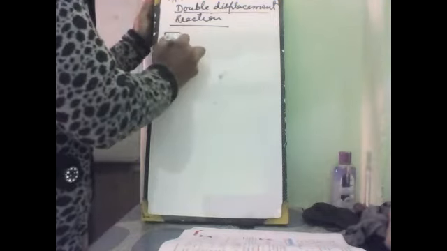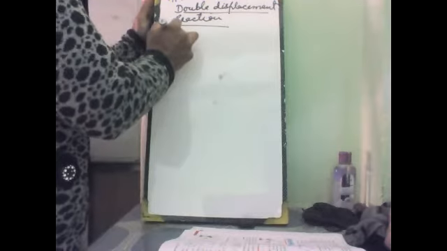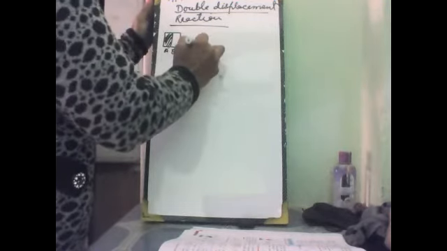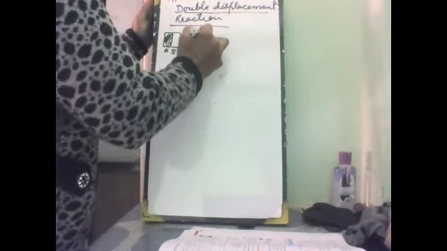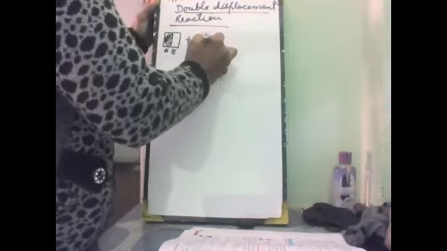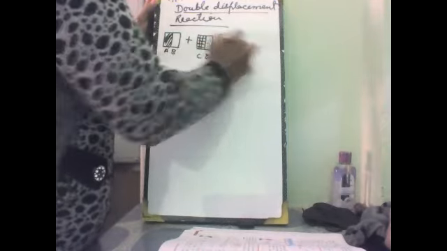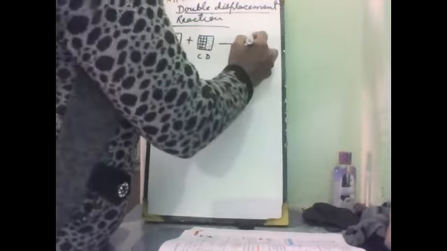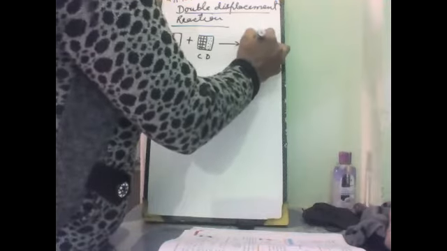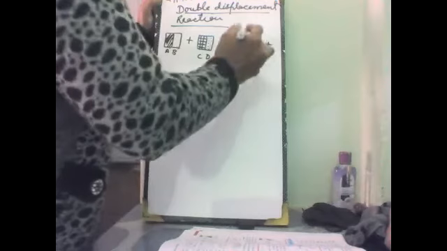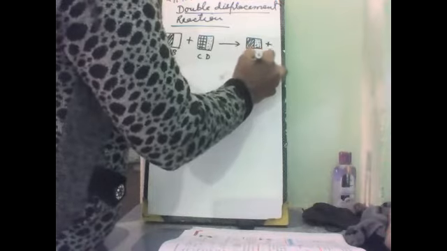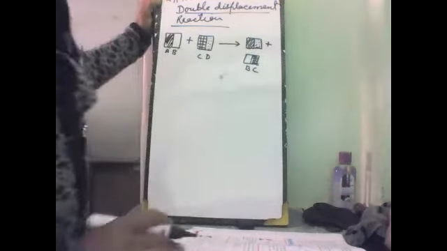See, here is an example. There are two salts, A and B, that react with two salts, C and D. When they react, they form new substances A and D, and B and C. This is the new substance.